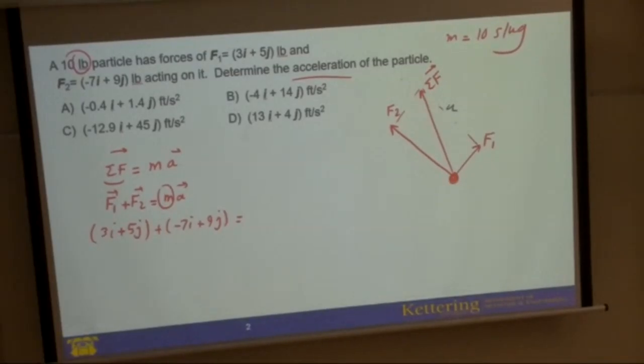It's a weight. This is the point. 10 divided by 32.2 is the mass, because I divide by g, the gravitational acceleration. Multiply by acceleration. Now, if I add these two vectors, we get -4i + 14j.